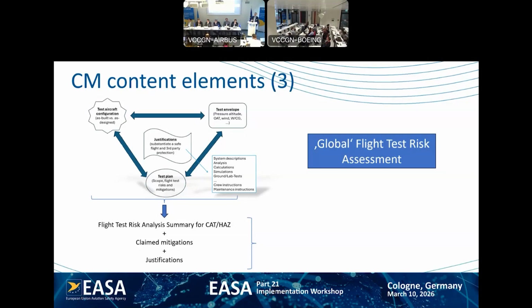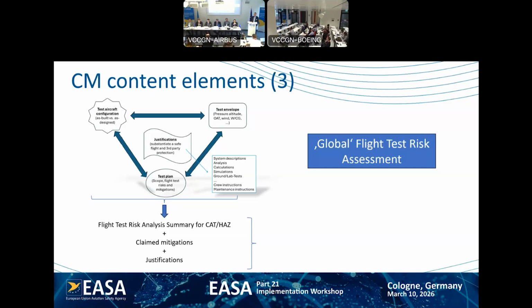And here, from the EASA standpoint, we'd like only to see the catastrophic and hazardous parts. You will probably have many more than those. From there, you will derive certain mitigations and probably de-risking, therefore declassifying these elements from catastrophic and hazardous to lower levels, and you will have justifications for those.